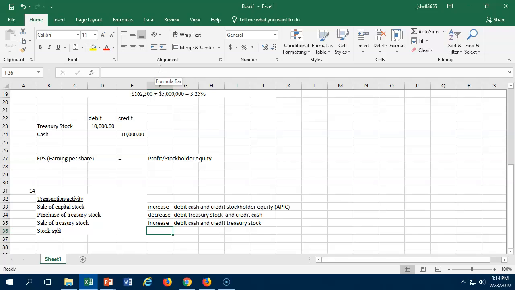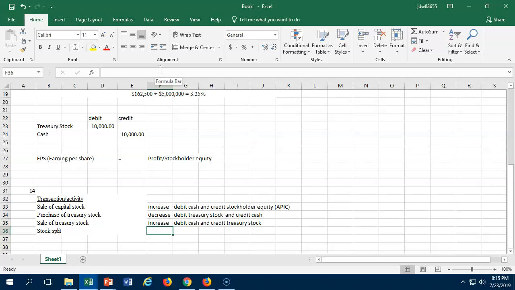Don't they make it so more people can afford it? Well, that might be one reason why. If you do a stock split, it would probably decrease the price of that stock for future purchasers. But that doesn't change anything from what's been issued in the past. So the value that a person has as a stockholder is not going to change. The only difference is they just own more shares.